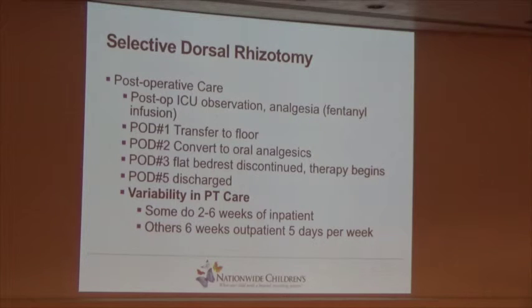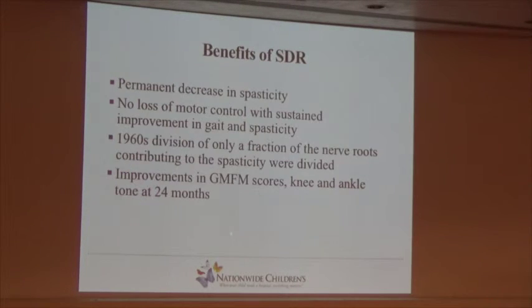We continue on flat bed rest, so we have very minimal problems with spinal fluid leaks. Ultimately, they're either discharged or sent to rehab within 5 to 6 days after surgery. Some do 2 to 6 weeks of inpatient rehab, others do 6 weeks of 5 days a week of outpatient rehab, depending on the family's ability to participate. And that becomes important when you're talking about families that are traveling long distances.